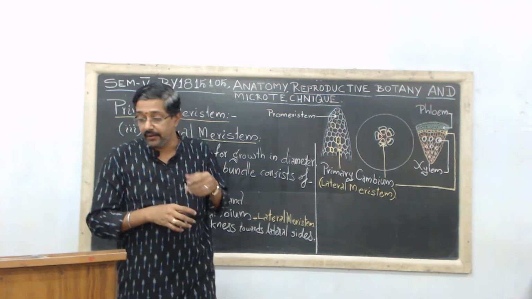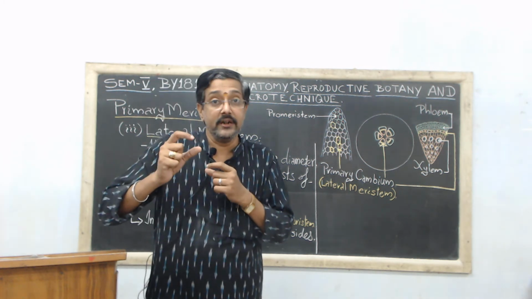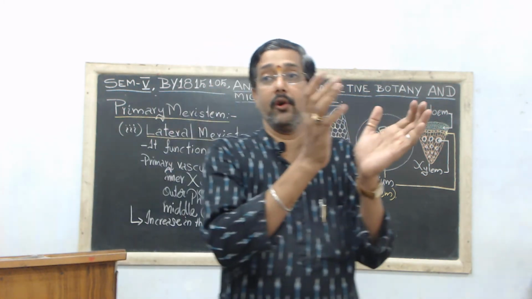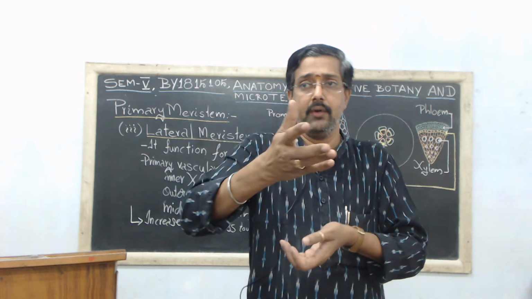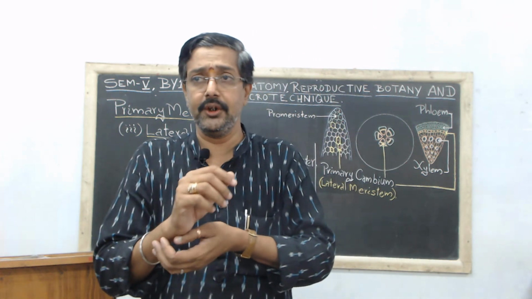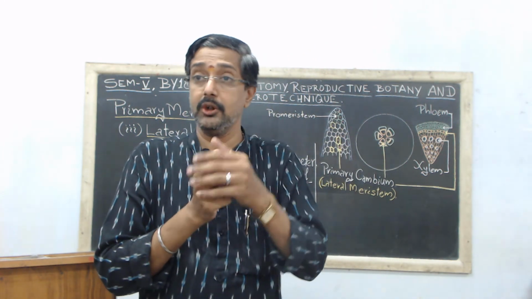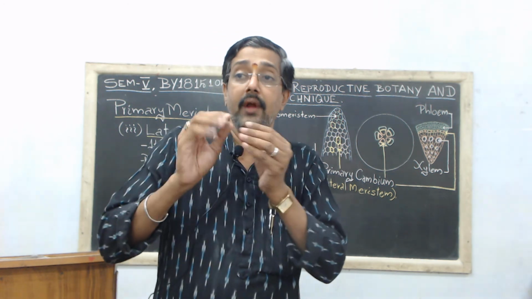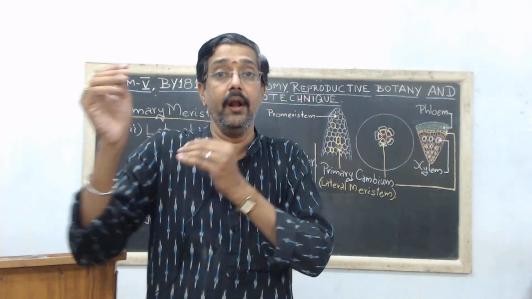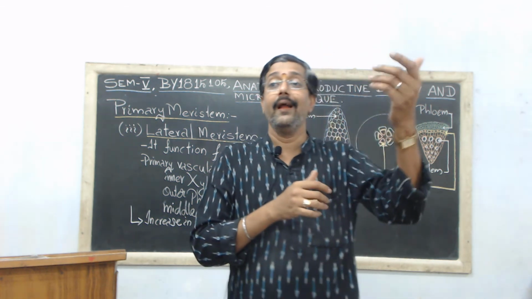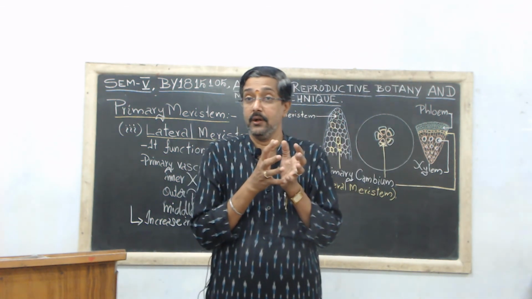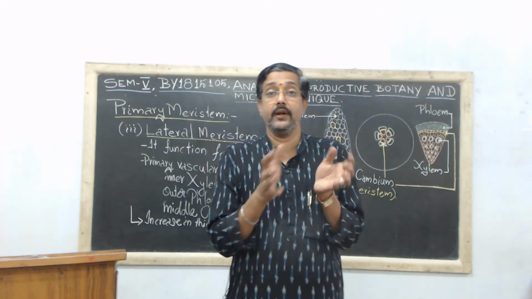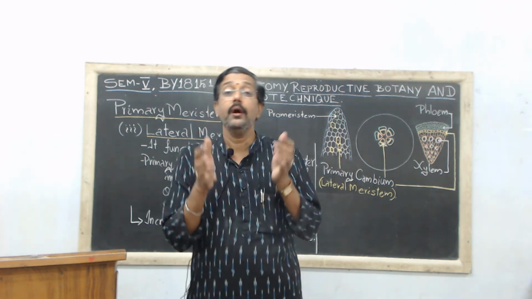Intercalary meristem. Intercalary meristem extends nodal and internodal length. In the last session, in monocotyledons or in gymnosperms such as Pinus, the increase in length of the needle or increase in internodal length is brought about by the specific function of intercalary meristem.